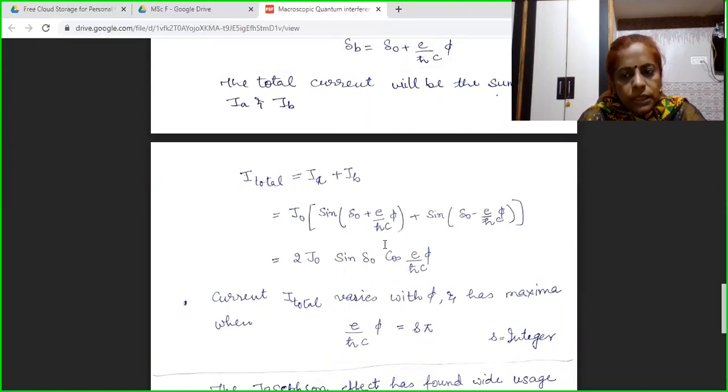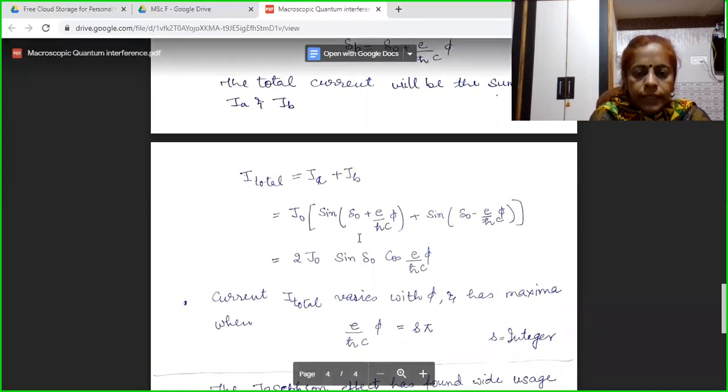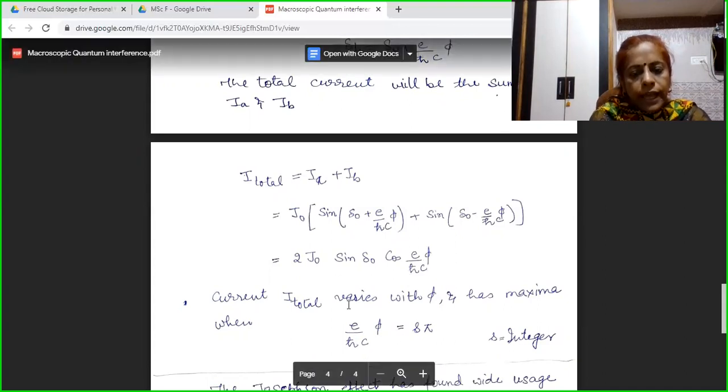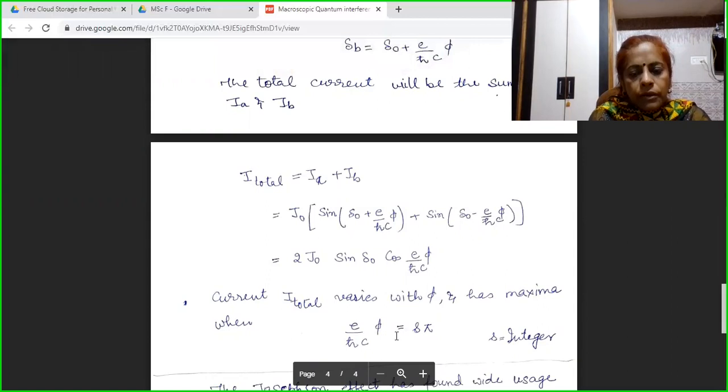Now, in this total current, the initial phase is constant. The variable is e phi upon h cross c. This total current will have a maxima when e phi upon h cross c is a multiple of pi, S times pi, where S is an integer.